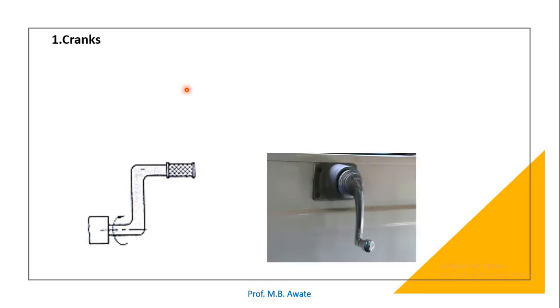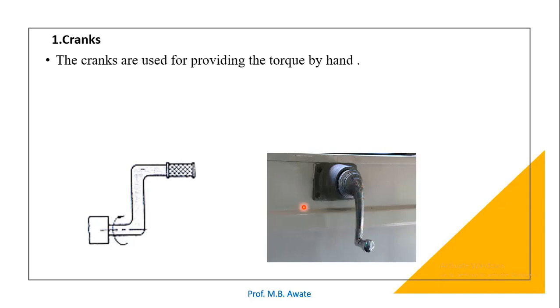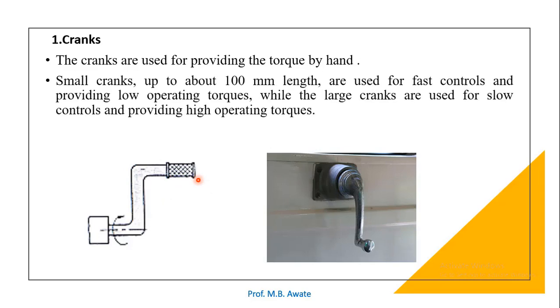All of you might be knowing that this is nothing but a figure of a crank. The cranks are used for providing the torque by hand. Generally the small cranks up to about 100 mm length are used for fast controls and providing low operating torques.